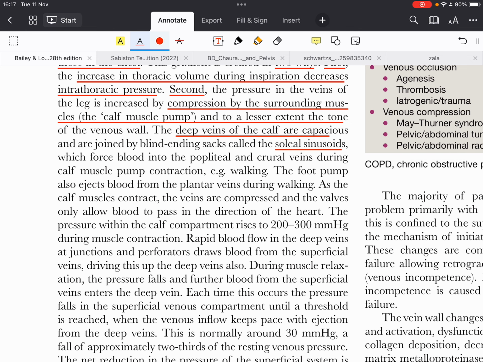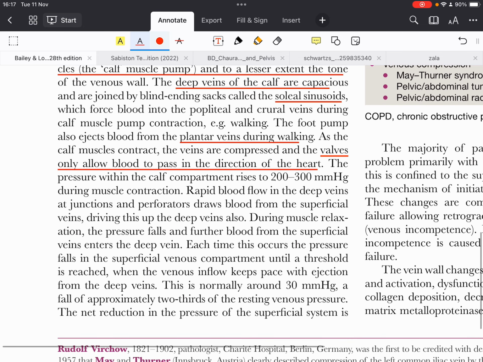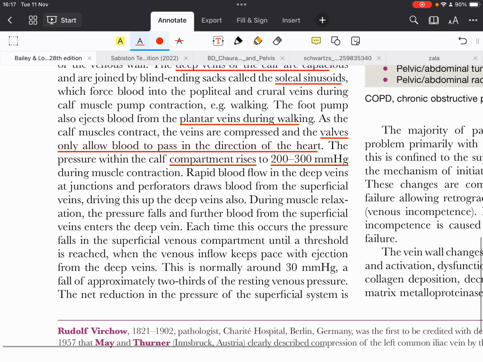Walking, the foot pump also ejects blood from the plantar veins. As the calf muscle contracts, the veins are compressed and the valves only allow blood to pass in the direction of the heart. The pressure within the calf compartment rises to 200 to 300 mmHg during muscle contraction.